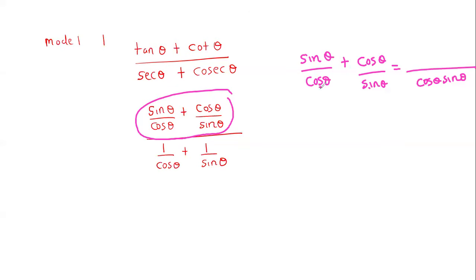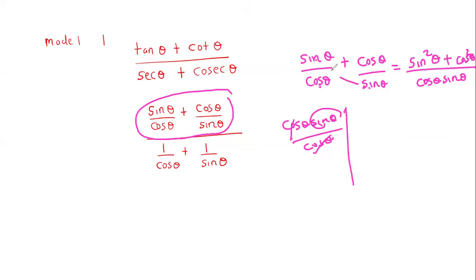Get your LCM, cos theta sine theta, divide by cos theta. So this and this cancel, and you remain with sine theta. So we get sine theta times sine theta, which is sine squared theta, plus cos theta, and dividing the LCM by sine theta gives cos, so we get cos squared of theta.